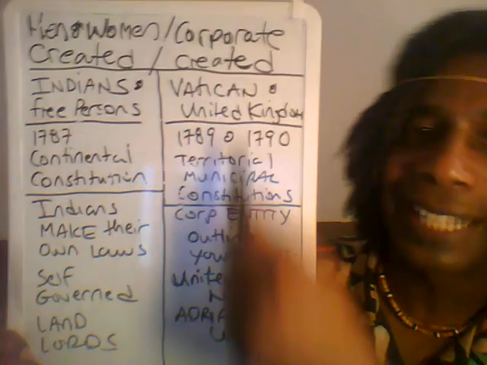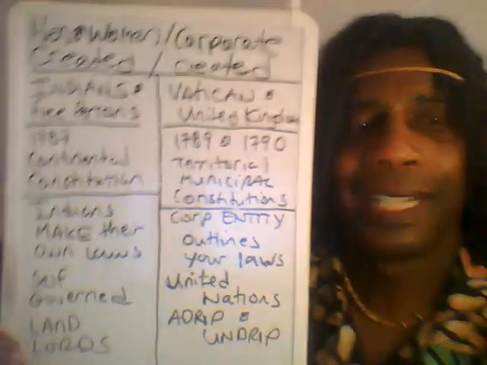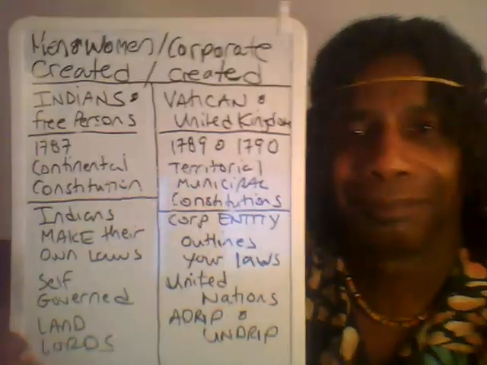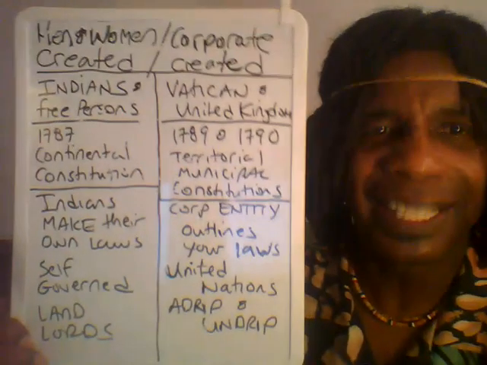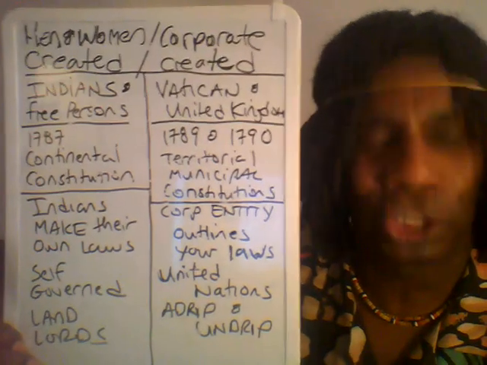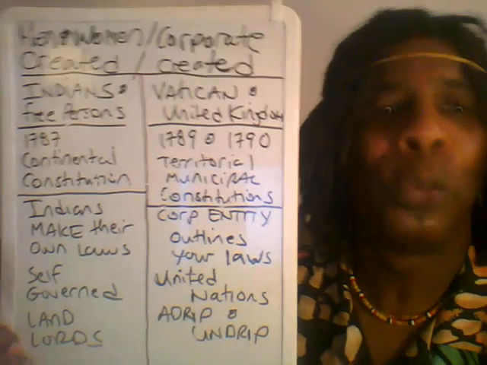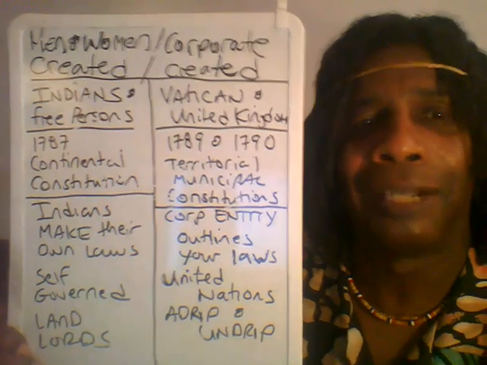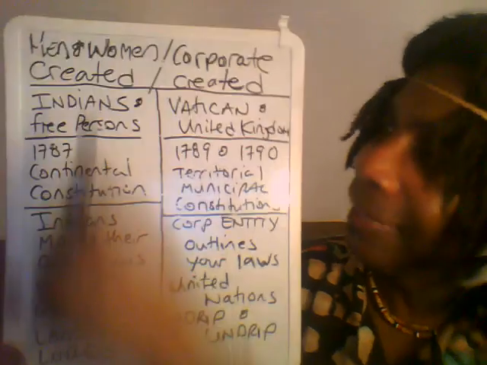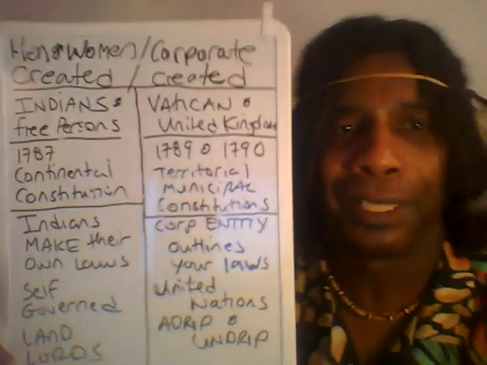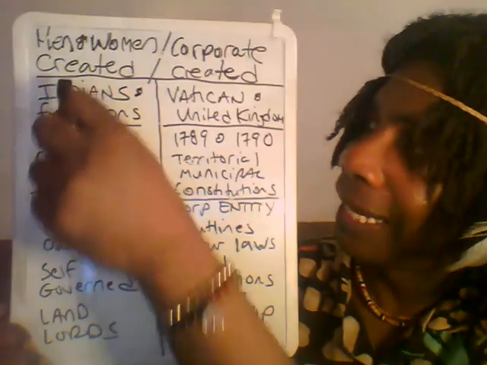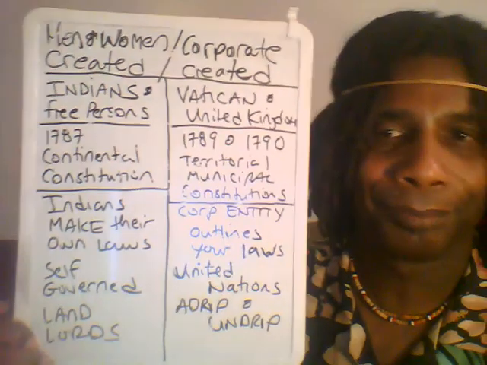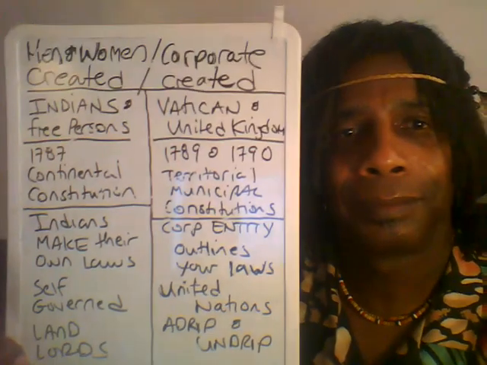Once you get here, that's what you get all that from. Here there was no such thing. There were Indians and immigrants that were turned into free persons once they fought that Revolutionary War. That was it. There was no racism here. There's landowners and immigrants.